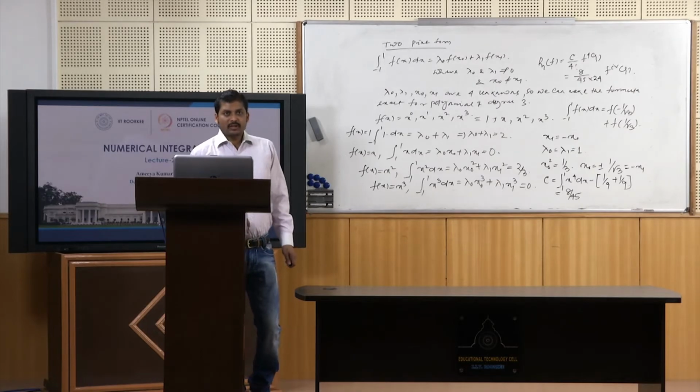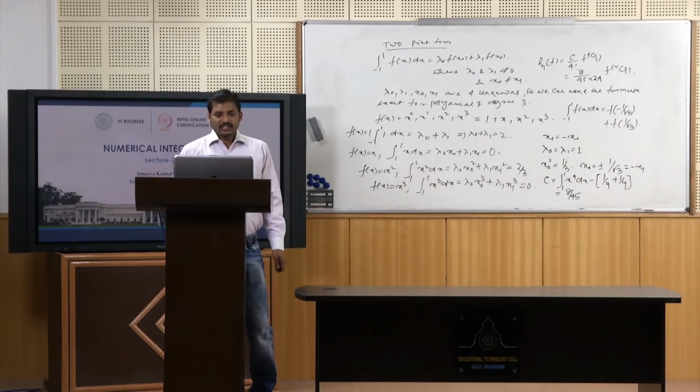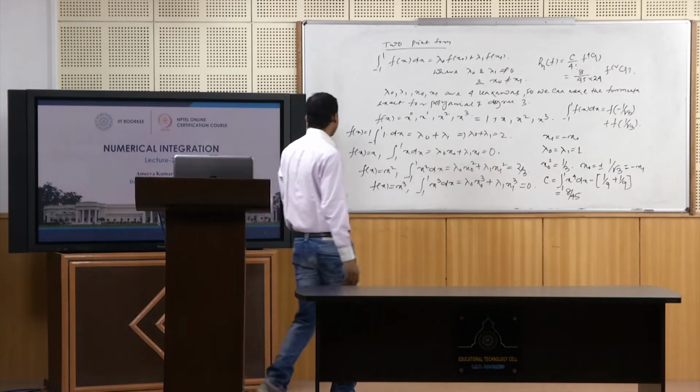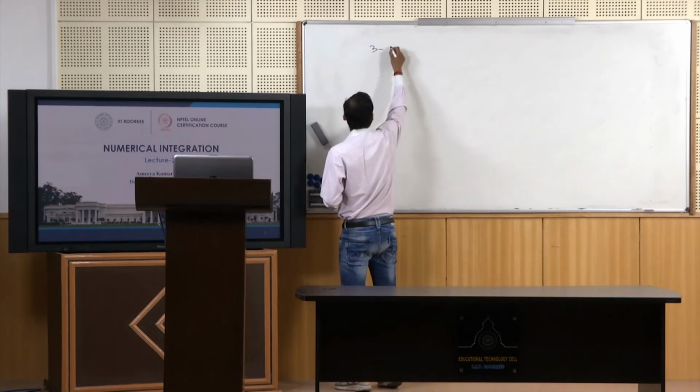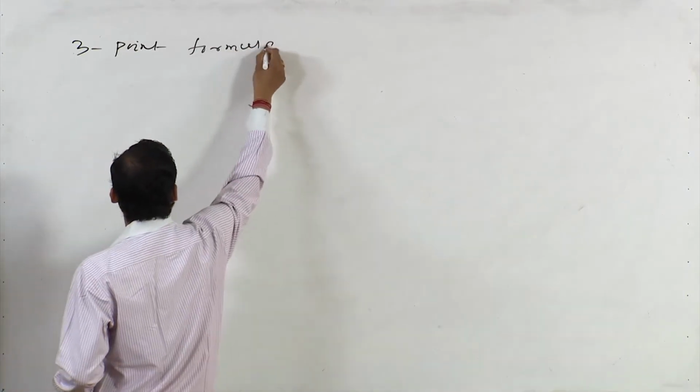Then we will go for a 3-point formula here. Like the Gauss Legendre 2-point formula, here also we will write this formula in the form of a 3-point formula for the Gauss Legendre integration method.